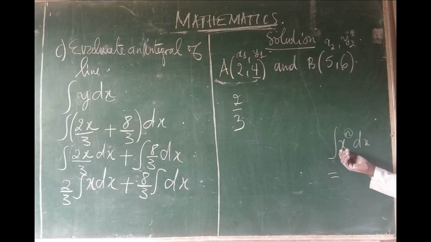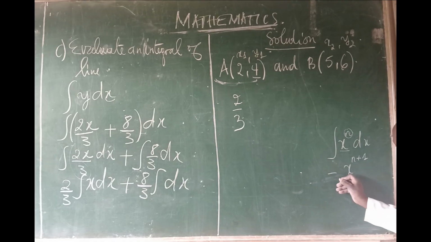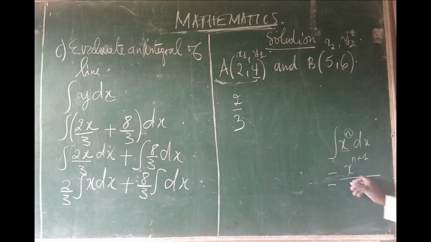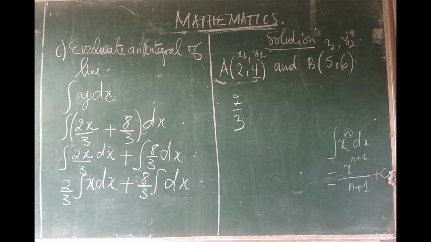You have to write x to the power n plus 1, because in integration we are increasing the power. So that is why you take n plus 1, and you divide over this n plus 1. In the indefinite integral, you have to add the constant c, because this integral cannot be defined as an exact number, since you have only variables.